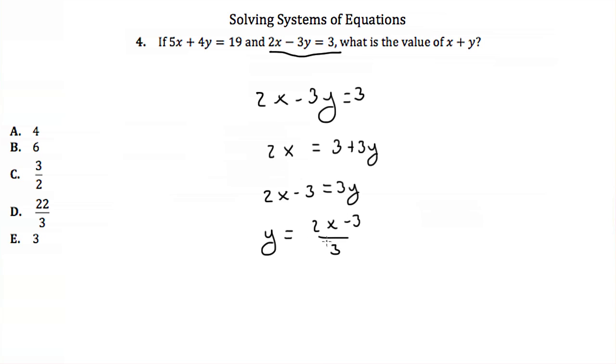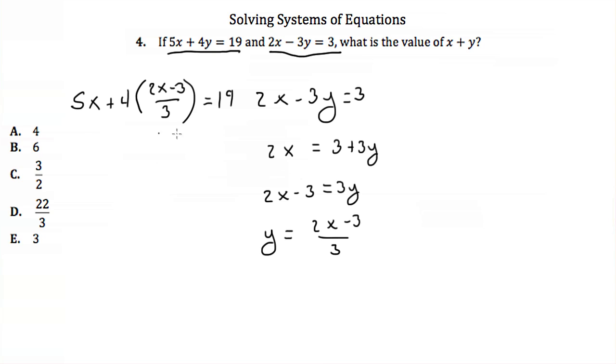Now that I've solved this equation for one of the variables, I'm going to plug this value in for y into our first equation, 5x plus 4y is equal to 19, because y is equal to (2x minus 3) over 3. So this first equation is going to become 5x plus 4 times (2x minus 3) over 3, and all of this is supposed to be equal to 19.